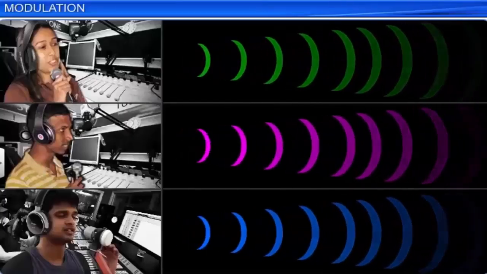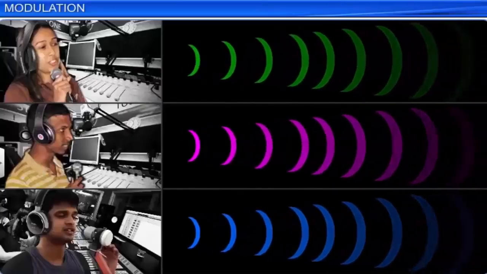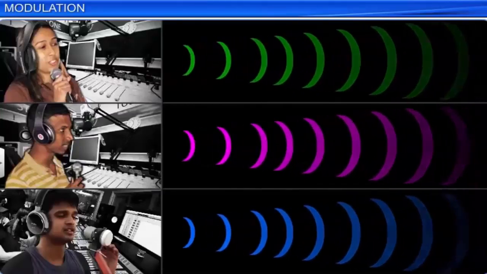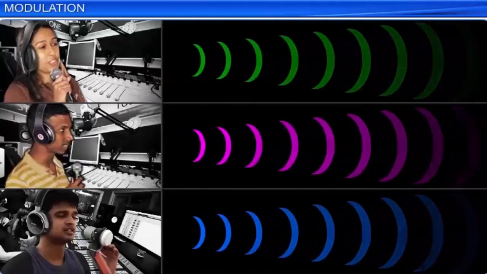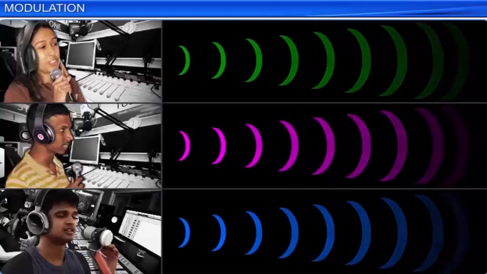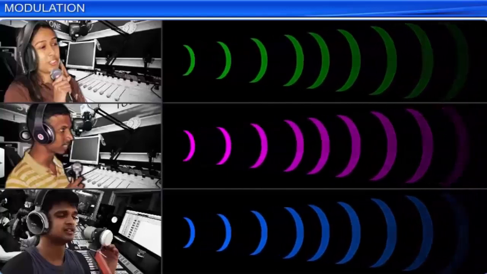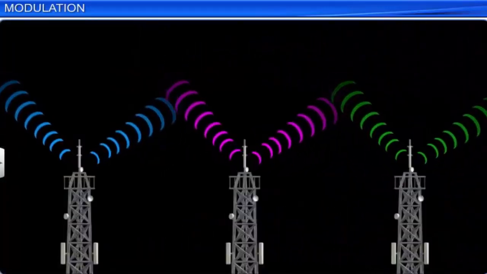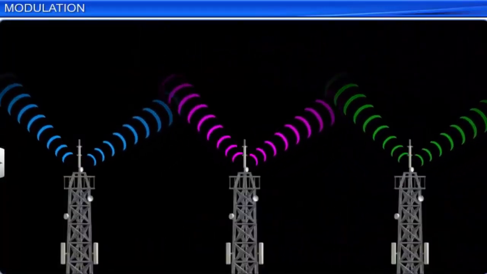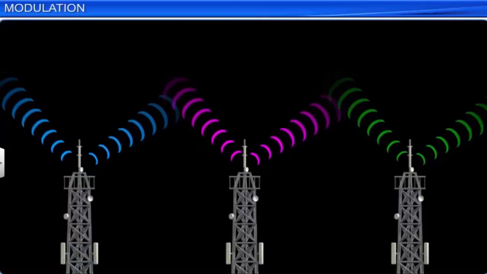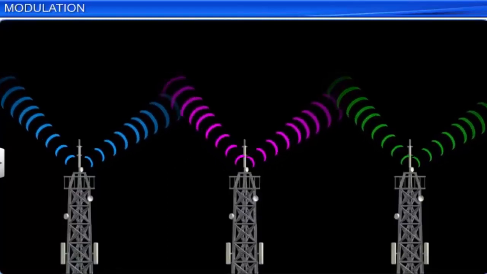Message signals of the same frequency may be generated from different sources. For example, radio jockeys from different radio stations may generate voice signals of the same wavelength. If several message signals of the same wavelength are transmitted together, the signals may all get mixed up.